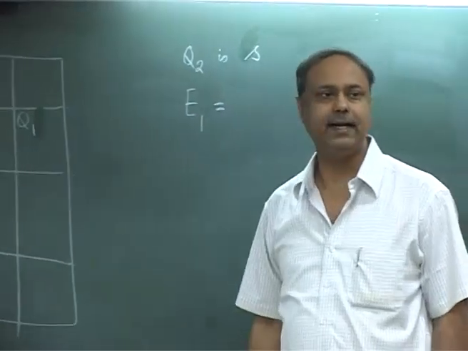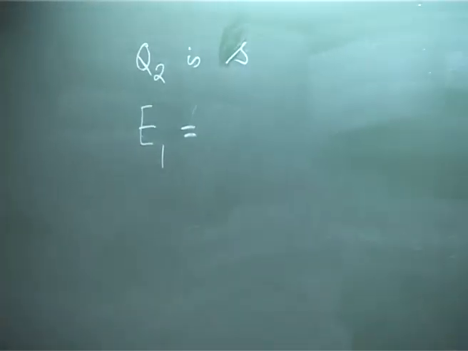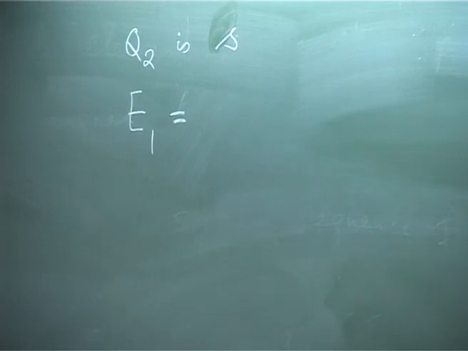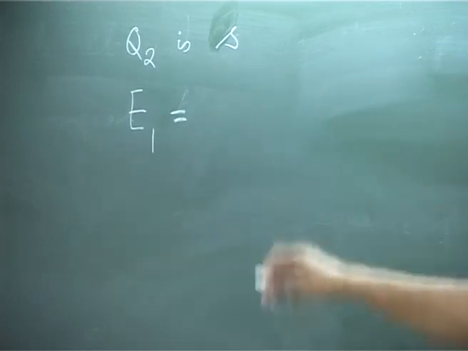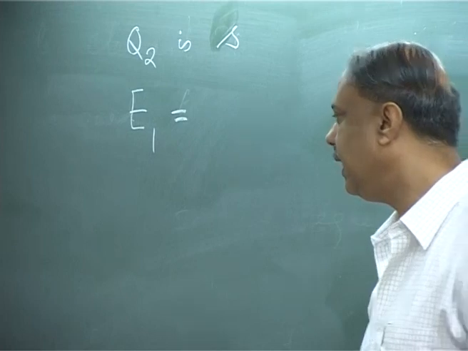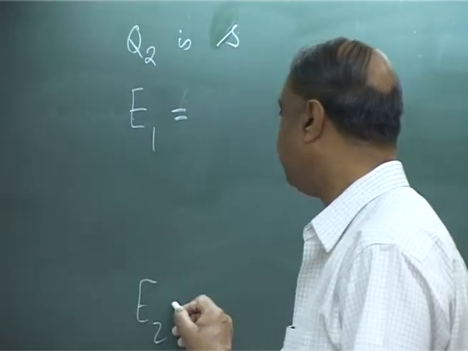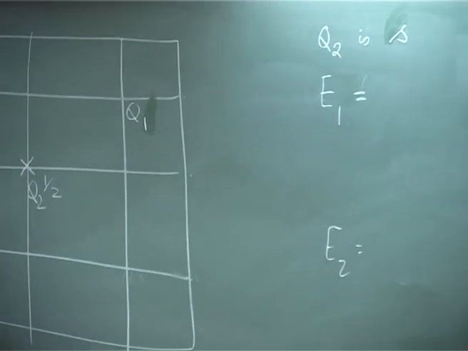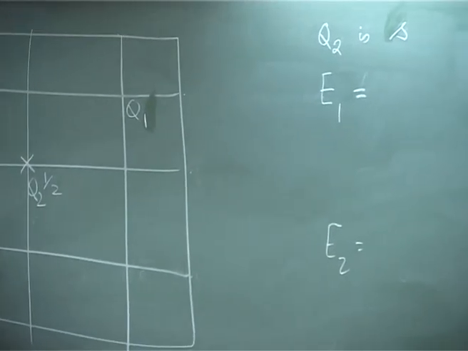E1 is the area, or E1 contains the minimum number of elements which are smaller than Q2 and smaller than S, second largest element. And E2 is the number of elements, minimum number of elements which are larger than S.